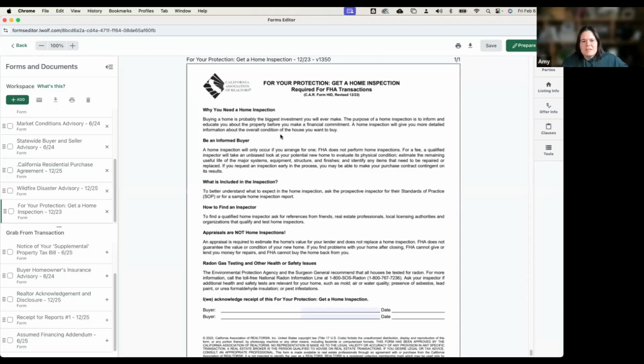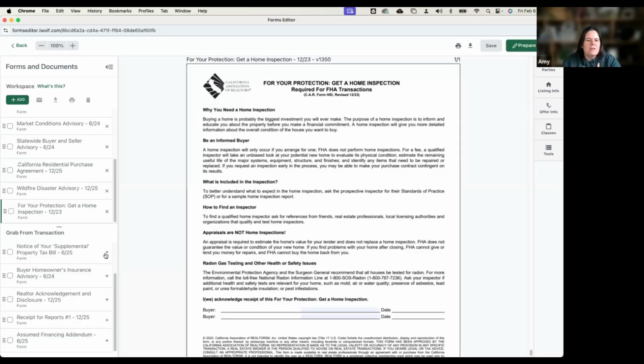It talks about what a home inspection is, being an informed buyer, what's included, how to find an inspector, that appraisals are not home inspections, and then there's other radon gas testing and other health and safety issues that aren't covered. So it's a good way to get it out there, because we're going to advise them to get that home inspection. This is just putting it in official form that, hey, get a home inspection. Okay, so I like this form for all of my buyers as well.